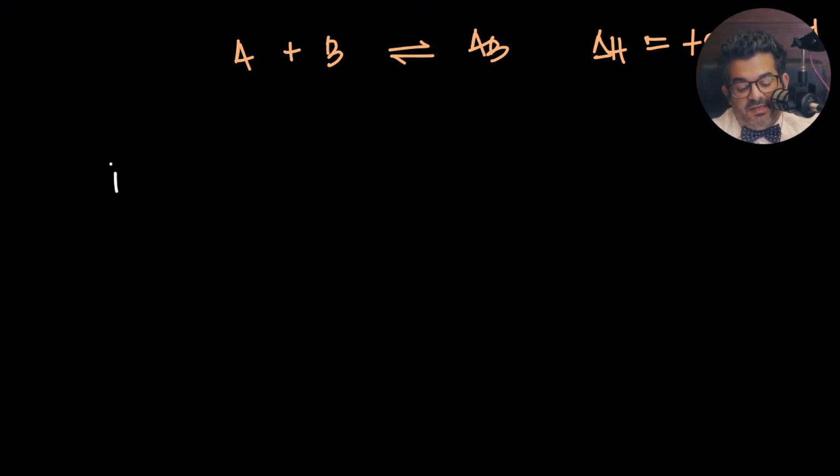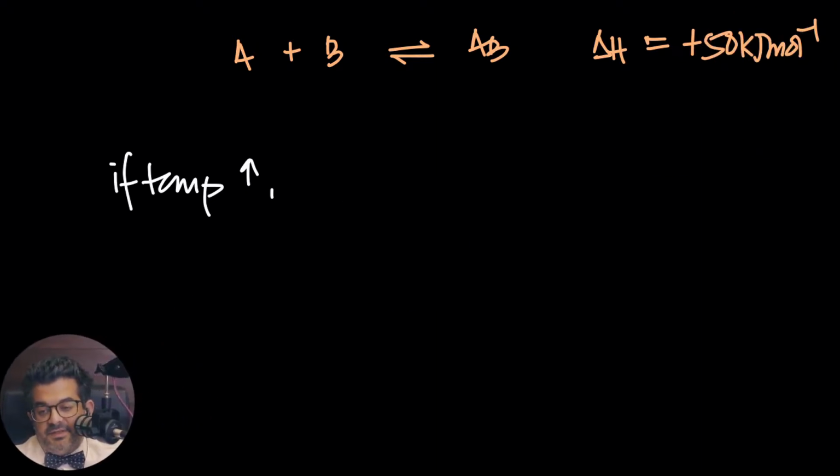And so basically, if you have, let's say, if A and B becoming AB was plus 50 kilojoules per mole, then in this case, if temperature is increased, what happens to the equilibrium? Which side is favored? And which side is favored will tell you what happens to the yield of this. Can you figure this one out?